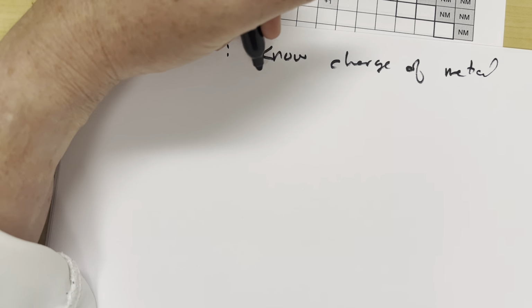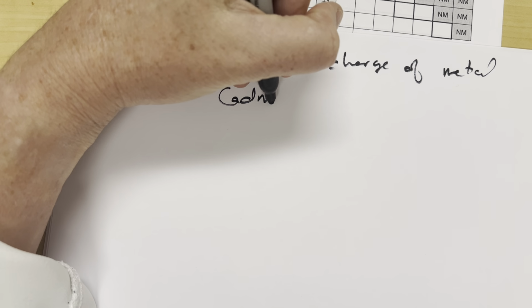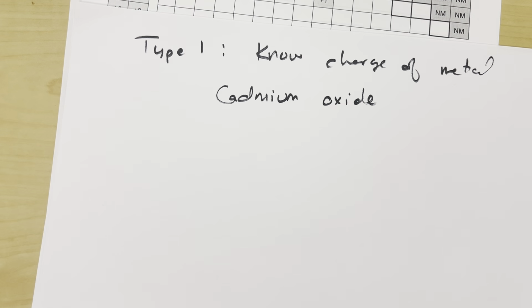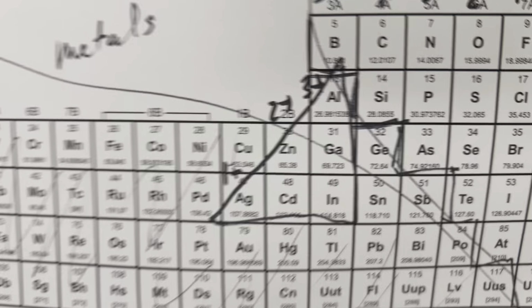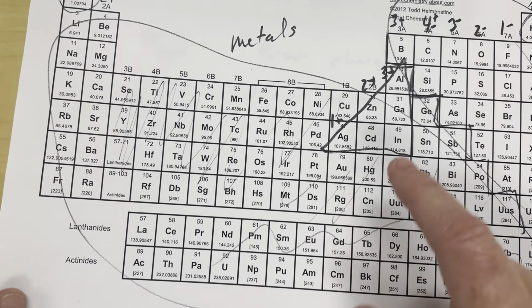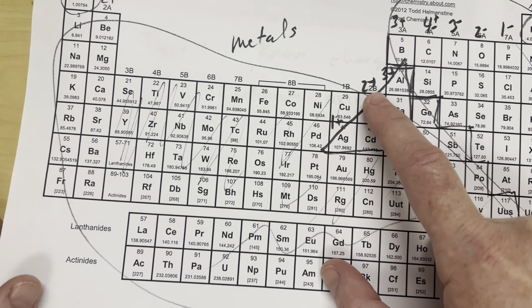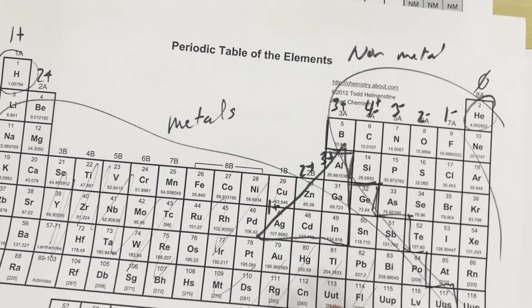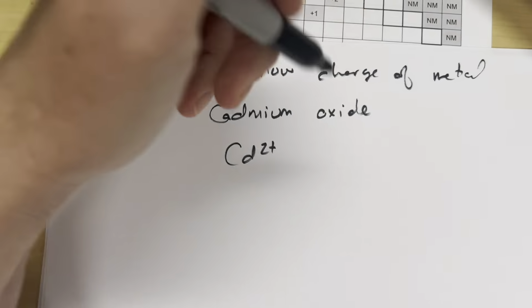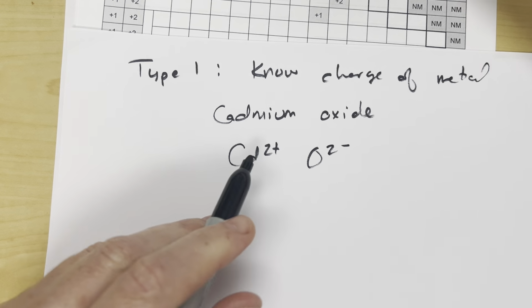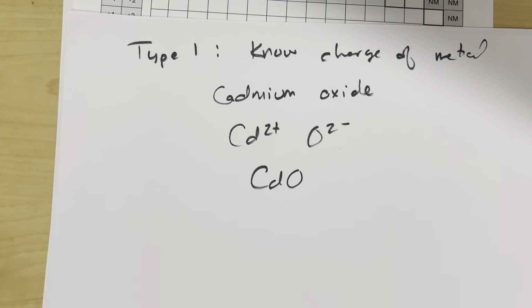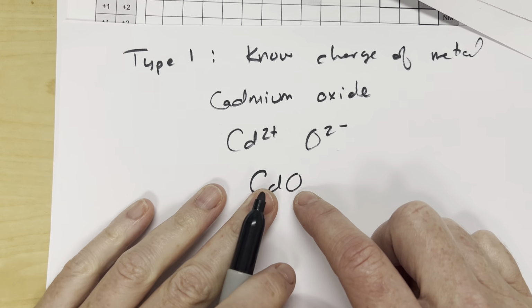So if I were to say cadmium oxide, you'd look over here, you're like, cadmium, oh yeah, I know cadmium. It's a 2 plus. And oxide's right here. It's a 2 negative. You would just need one of each, and CdO would be your answer. Okay, so this is a type 1 compound.